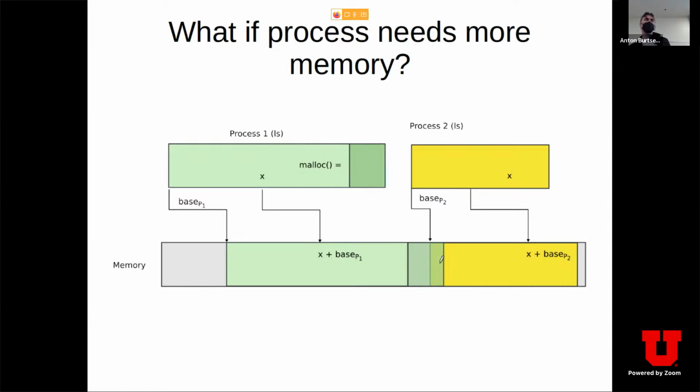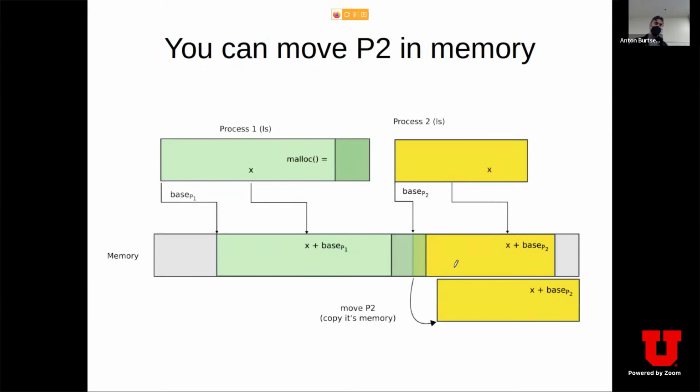At this point, you have a couple of options. You say, look, maybe I will just move that other segment. So you just copy the memory by some offset, and maybe patch this base. So it kind of works, but copy is expensive, especially if you're talking gigabytes.